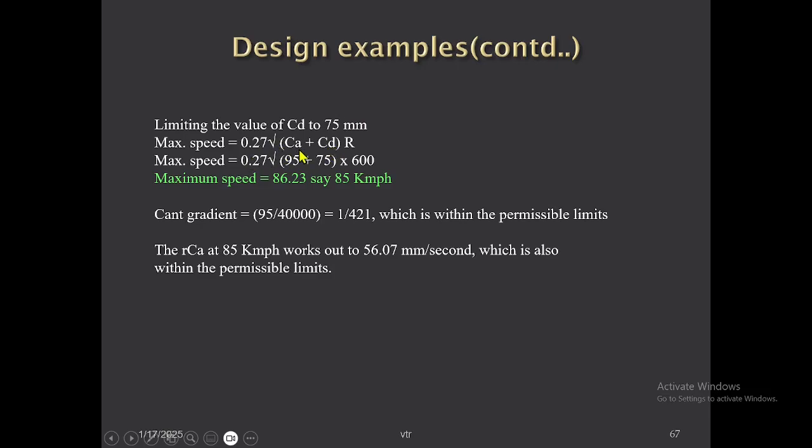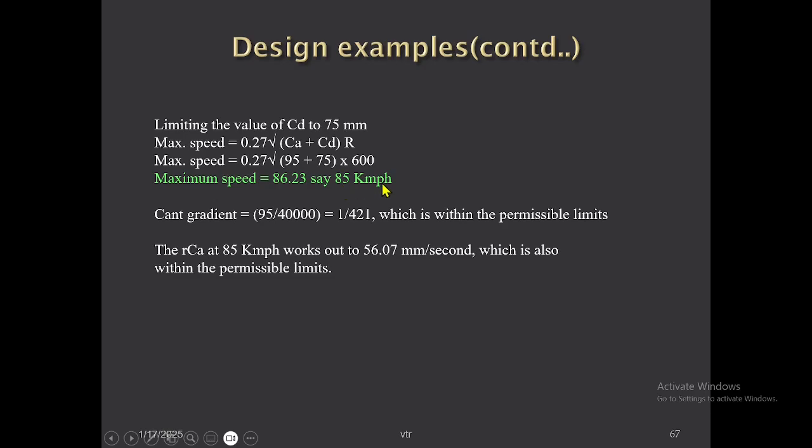So 0.27 root of (Ca plus Cd) into R, substituting 95 plus 75 into 600, we get the maximum permissible speed of 86.23, say 85 kmph. So the maximum speed is 86.23, and we say 85 kmph, rounding off to the lower multiple of 5.